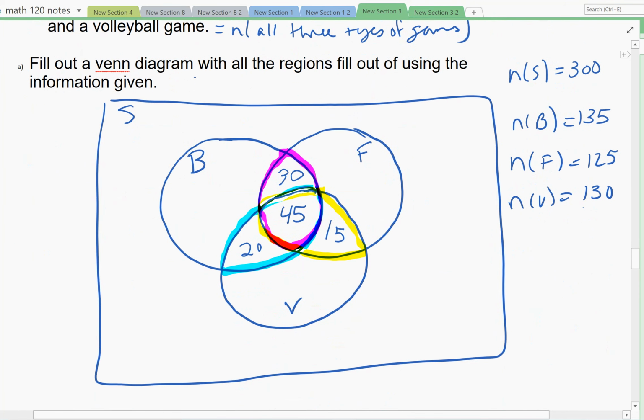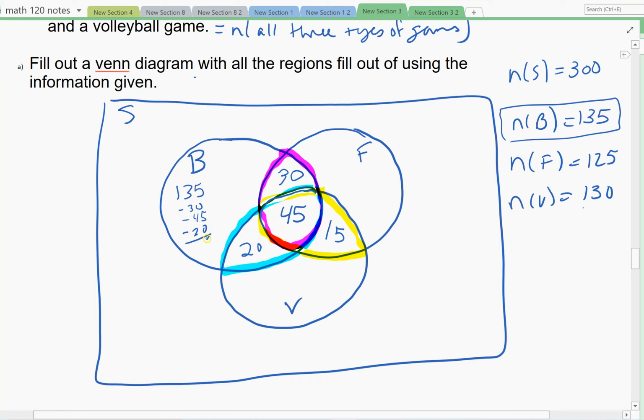And so I know the basketball circle should add up to 135. I've already counted some of those people, these 30, 45, and 20. So in order to figure out this final spot, you take your 135, subtract away the 30, subtract away the 45, and subtract away the 20.